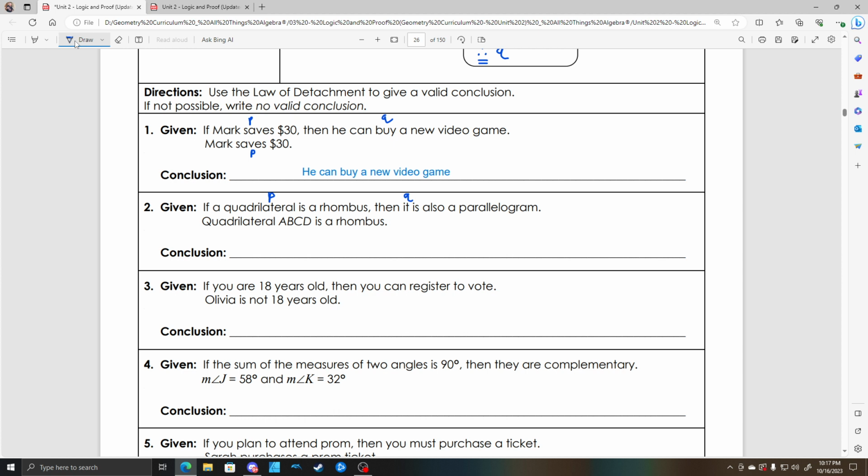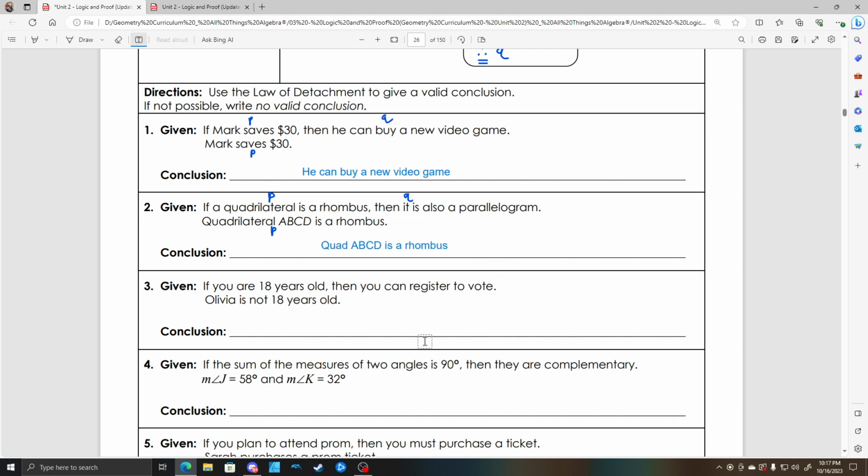So all we have to do is be a little bit more specific with Q. This is P, therefore the conclusion to Q would be: it is also a parallelogram. In this case, it is quadrilateral ABCD. So quadrilateral ABCD is a rhombus.